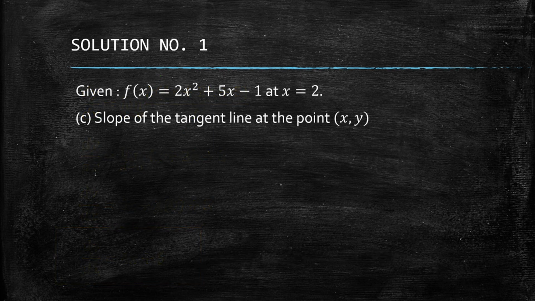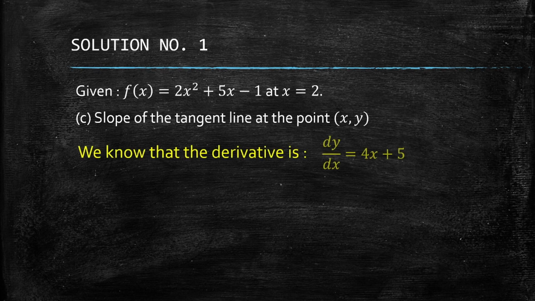Next, let's try to solve for the slope of the tangent line at the point. So how do we solve for the slope? We know that the derivative is already 4x plus 5. So this is the formula that we're going to use to determine the slope of the tangent line, because again, dy dx is actually the slope. This is already the slope, but we need the value of x to really determine the answer.